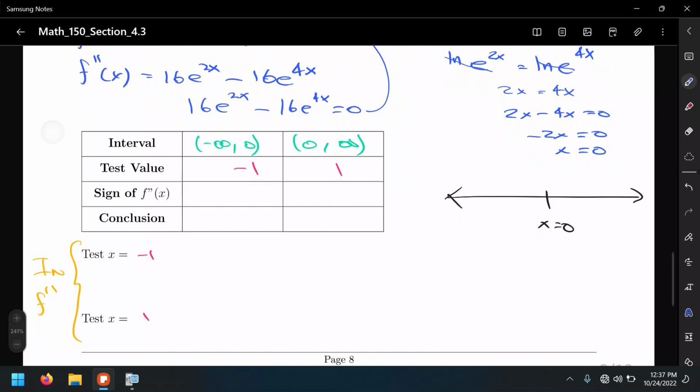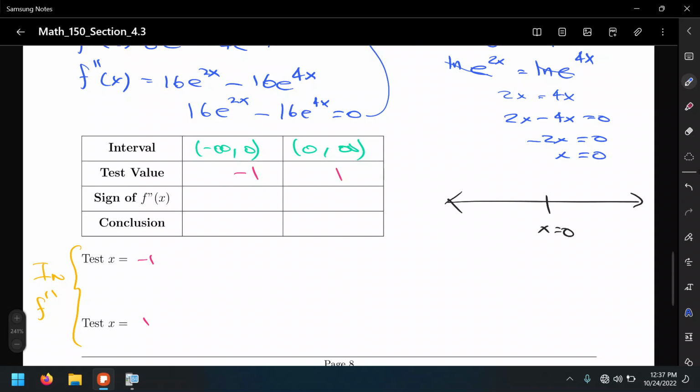In the second derivative, this is 16 e to the 2 times the negative 1 minus 16 e to the 4 times negative 1, that is 16 e to the negative 2 minus 16 e to the negative 4. This will be approximately, okay, let me do this in the calculator.